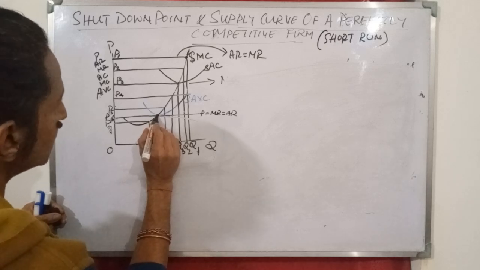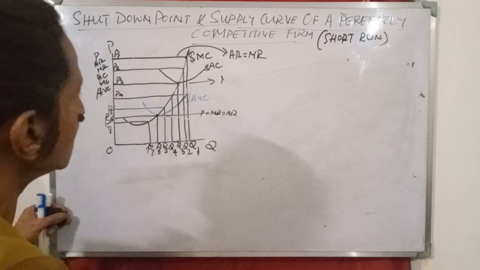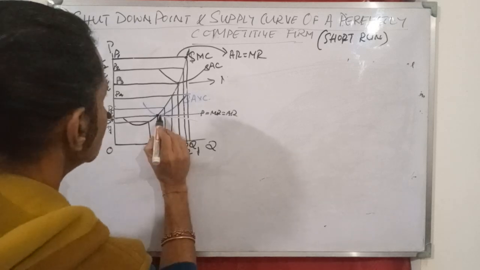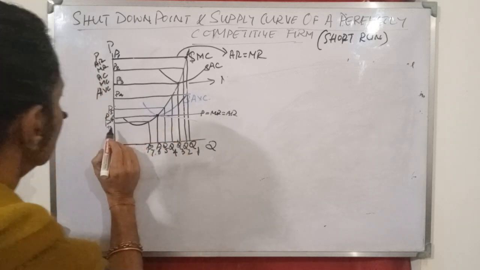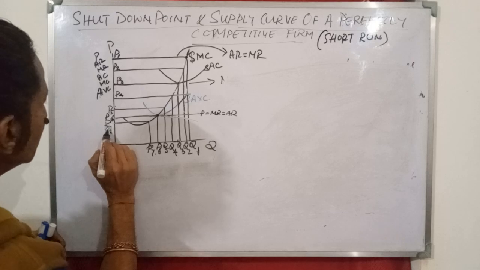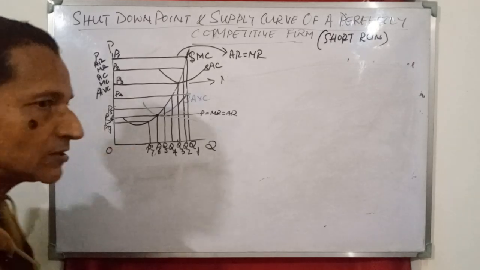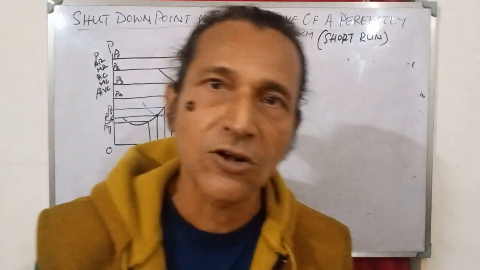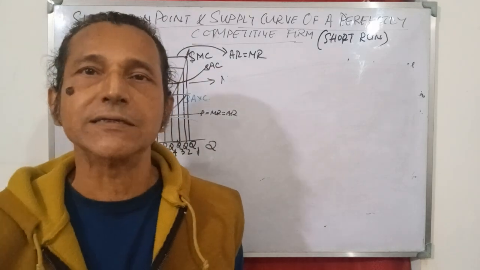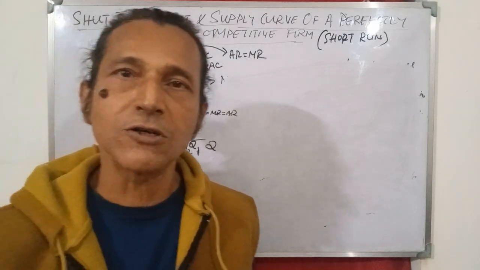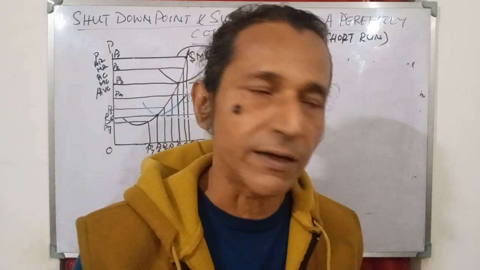When the price becomes equal to the minimum of average variable cost, the firm stops producing anything. That is, any price below this is not acceptable to the firm, and the firm will quit the market.